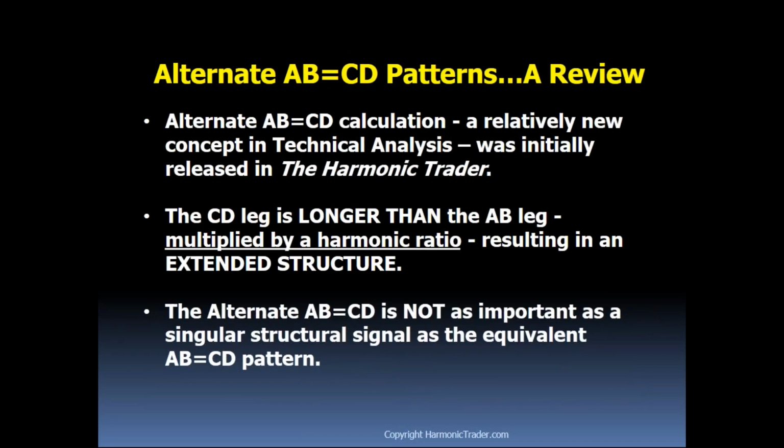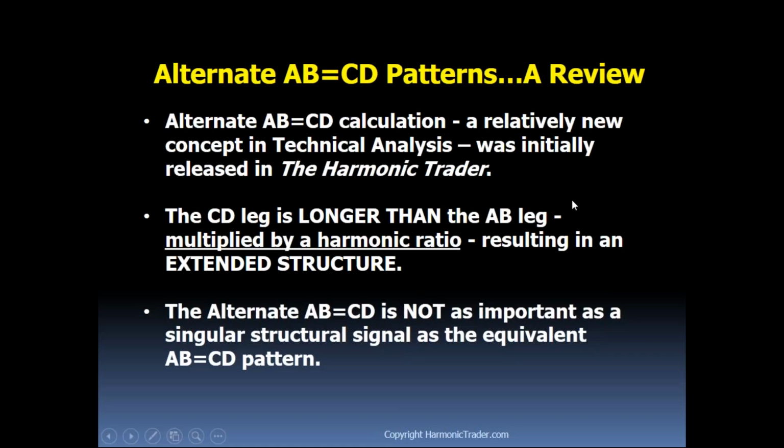Let's take a quick look at the alternate ABCD patterns, because we reviewed these in the first session, but it's important to remember that the ABCD structures are a relatively new concept within technical analysis. The refinement of alternate structures was released in my first book, The Harmonic Trader, but it was an attempt and is an excellent framework to assess when CD legs get extended.